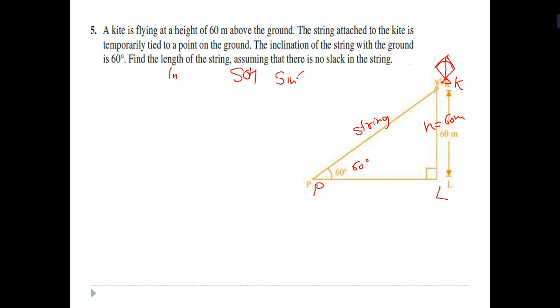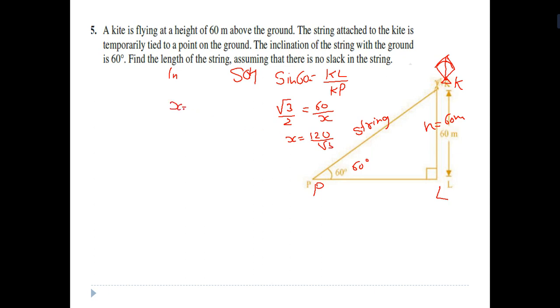Sine 60 degrees is equal to KL upon KP. Sine 60 is root 3 by 2. KL is 60 upon KP, that is the string x. So x is equal to 120 by root 3.